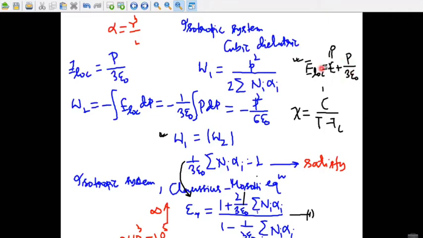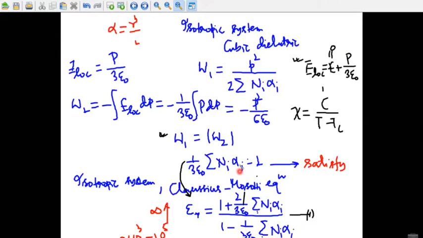If we put this in here, then W2 equals minus the integral of E local dP, that is minus 3 epsilon naught integral P dP, which is minus P square by 6 epsilon naught. If we equate W1 equals modulus W2 in this case of isotropic systems, this turns out to be 1 by 3 epsilon naught summation Ni alpha i equals 1. Again, for an isotropic system, the Clausius-Mossotti equation can be written in terms of this equation.